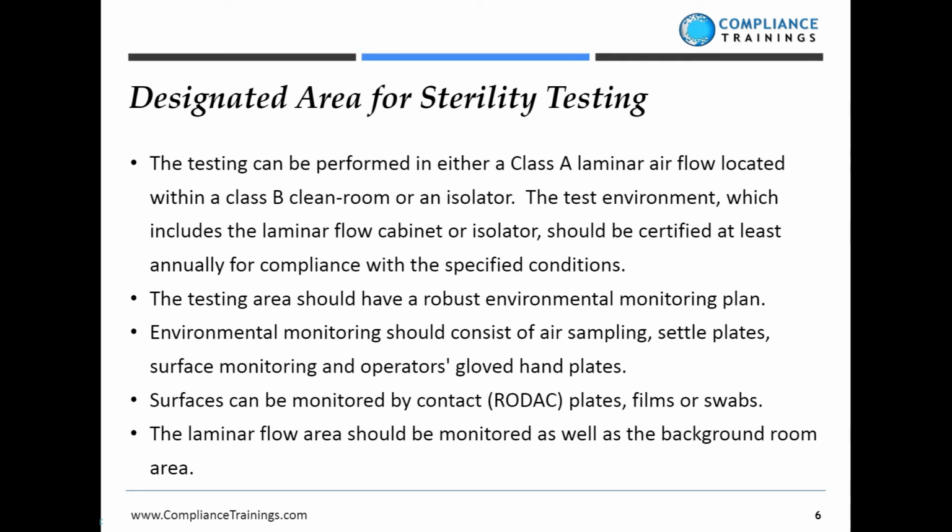We're going to do settle plates, air sampling, surface monitoring, personnel monitoring. Laminar flow should be monitored as well as the background area. And these are all data that we're going to check and collect as part of a supposed sterility failure investigation. So it's very important that here in the beginning of the webinar, we're laying the groundwork for all of the different types of samples and parameters and variables that you're going to be looking at.